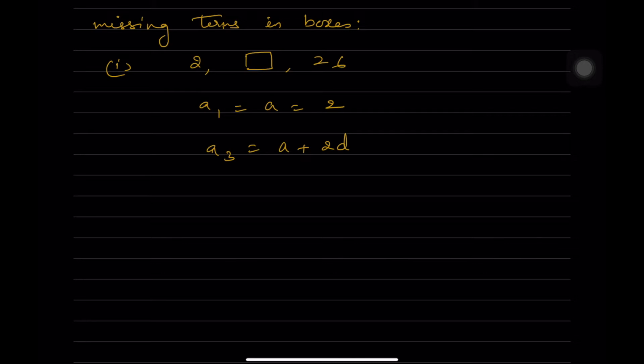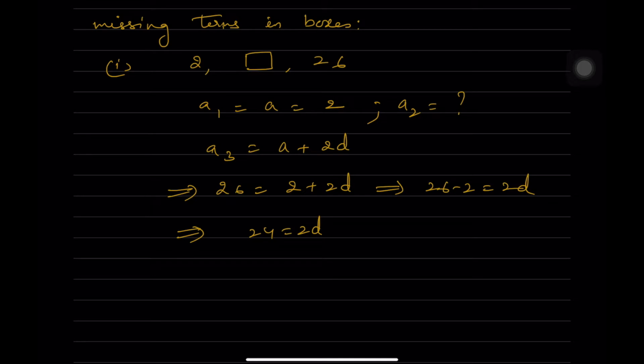So we can find out from this what is d, and then we can find out what is the second term. So a2 is what we have to find out here. So 26 is equal to 2 + 2d, which implies 26 - 2 is equal to 2d, which implies 24 is equal to 2d, which implies d is equal to 24/2, which is 12.